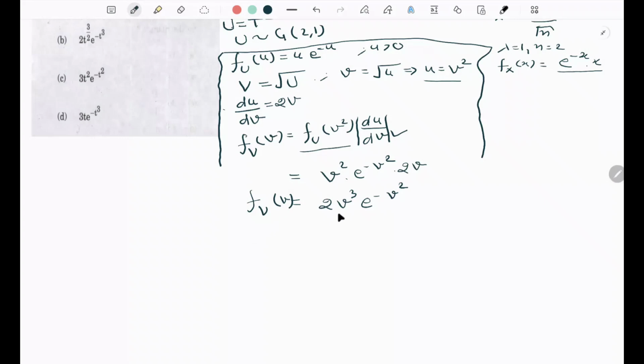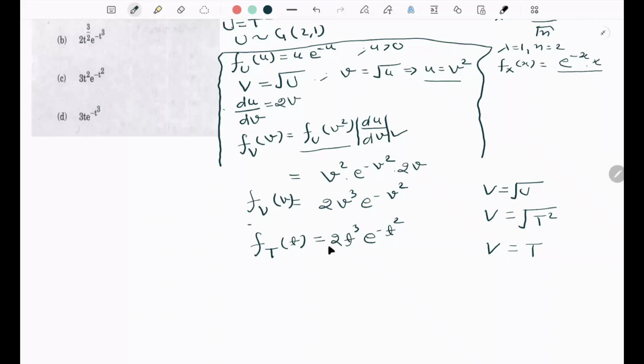So in place of v, we can put t here. This will give us 2t³ e^(-t²), because V is equal to square root of U, and U is equal to T², so V will be equal to T. That's why we have written t in place of v.